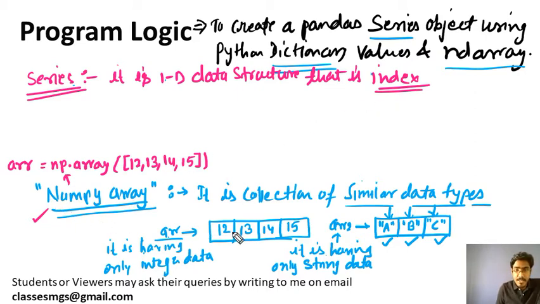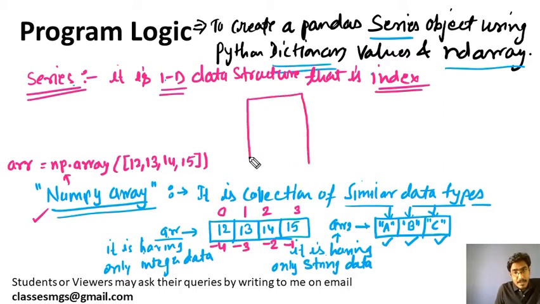In the case of a numpy array, the index will always be an integer number. A series object is also a one-dimensional structure and looks like a numpy array, but its index can be anything, it need not always be an integer.